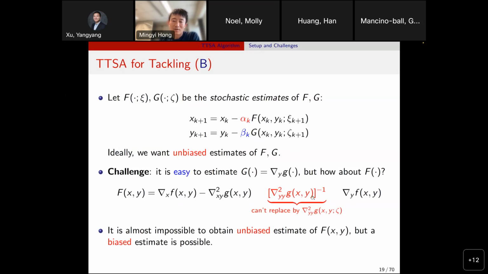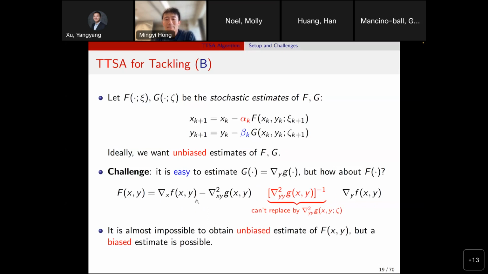This is a Hessian inverse, right? So if I replace this with a sample version and then invert it, even if each sample is independent and unbiased, the entire thing will not be an unbiased estimator of the original fxy.